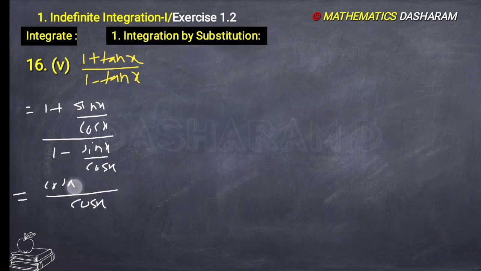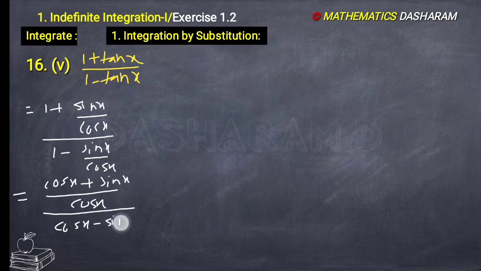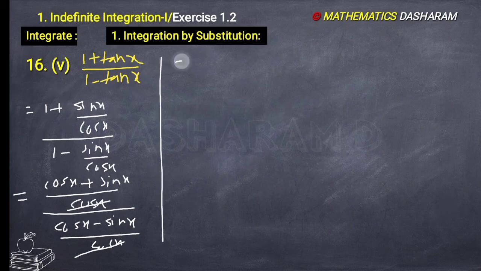So then here cos x plus sin x divided by, here also the same LCM, cos x. Here cos x cancels, so it equals cos x plus sin x divided by cos x minus sin x.